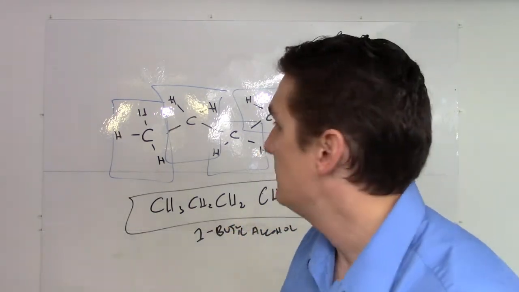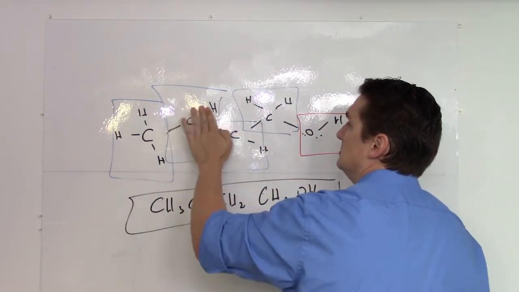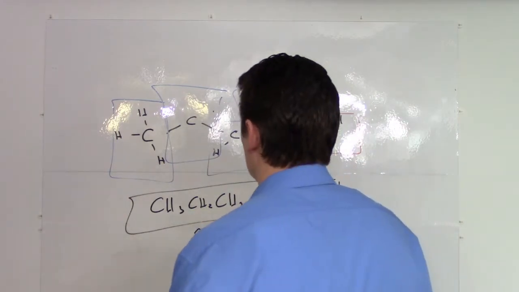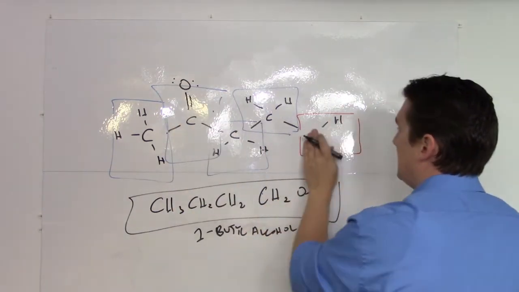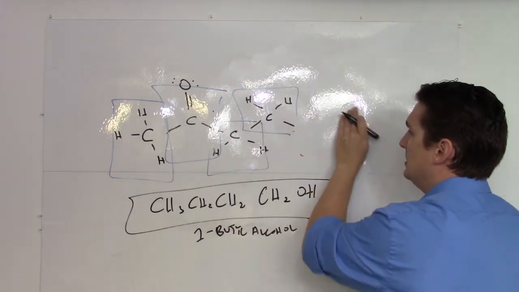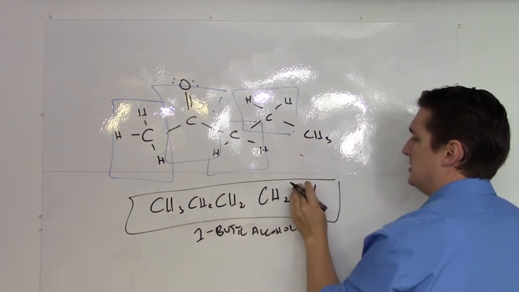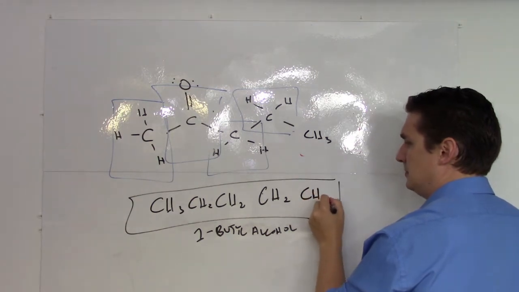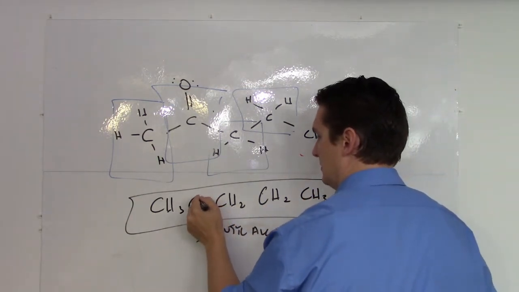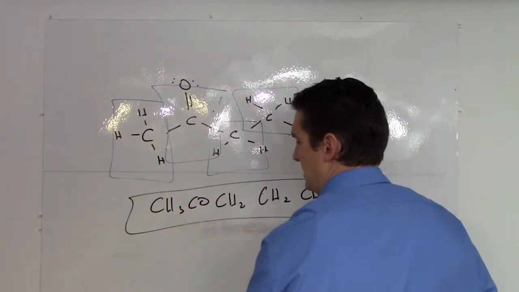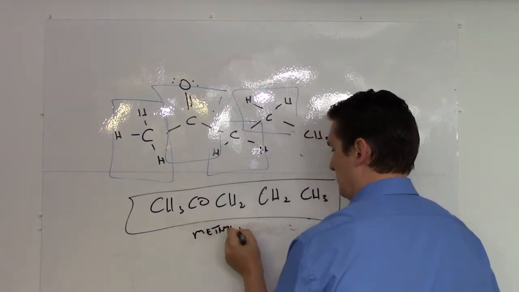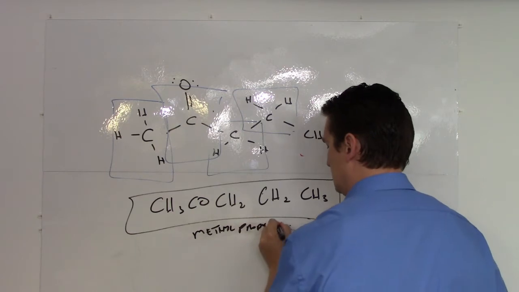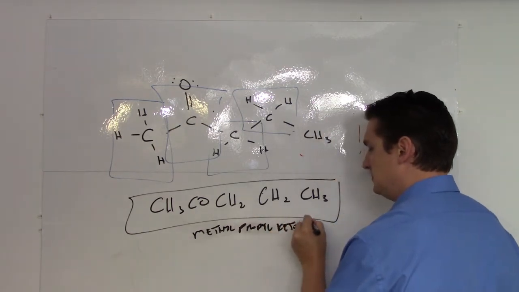Now, let's say we modified it again. Let's put back our original ketone. And instead of terminating on alcohol, let's terminate on CH3. This would end up being methyl propyl ketone.